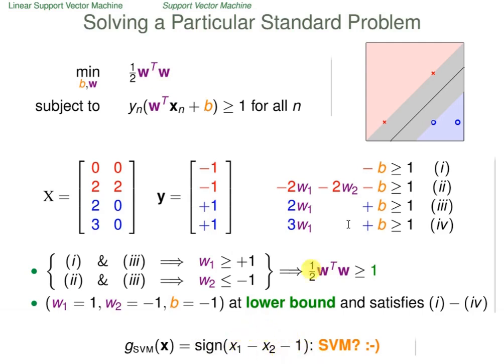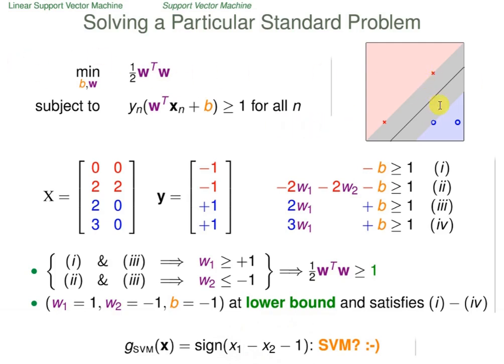This is the equation of the large margin separating hyperplane based on these examples. W1 is 1, so x1 times W1, we're just not showing 1, plus x2 times negative 1, minus 1, which is equal to the bias. So using this simple example in 2D, we found this as an optimal solution.